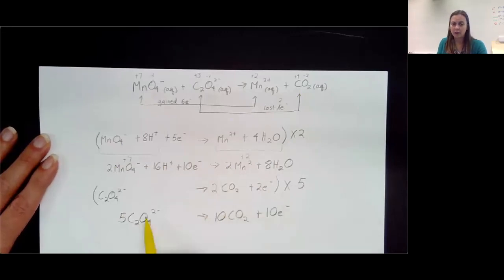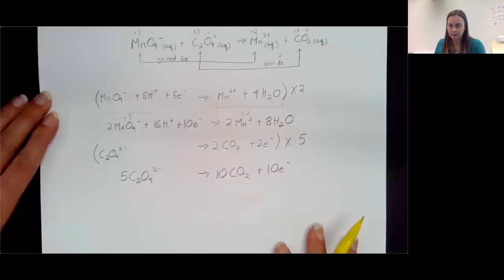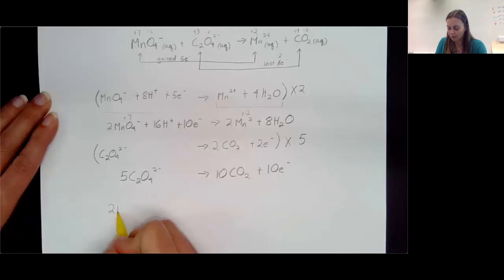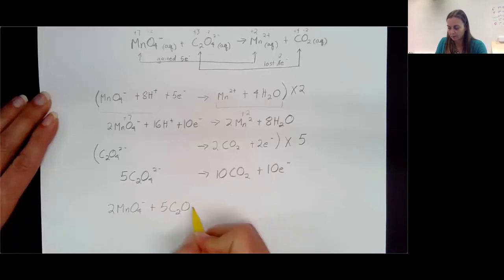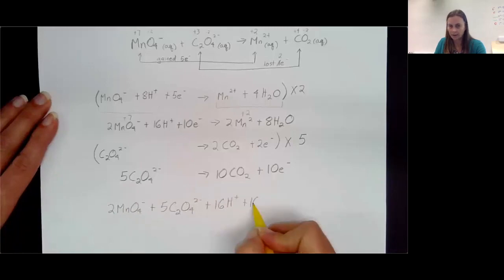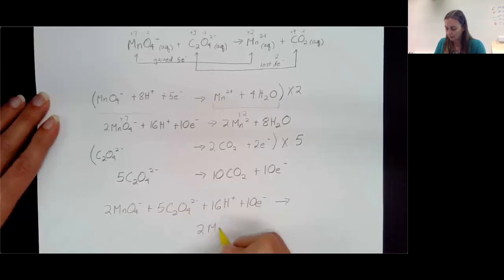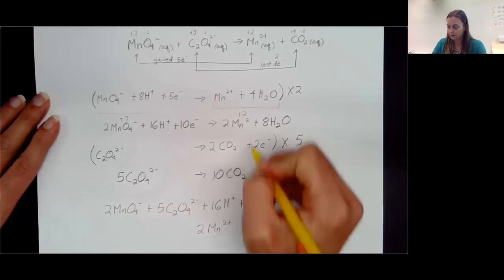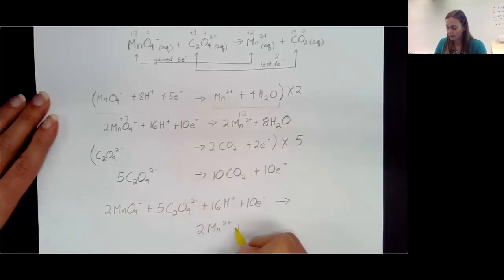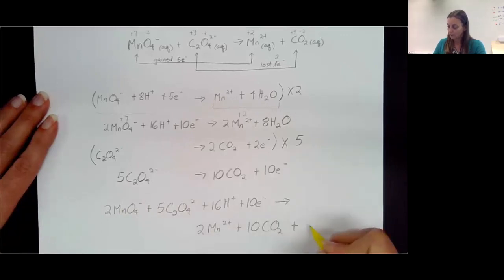So now we're going to combine these two reactions, and that's going to give us 2 permanganate ions plus 5 oxalate ions plus 16 hydrogen ions plus 10 electrons yields 2 manganese 2 ions plus 10 carbon dioxide molecules plus 8 waters plus 10 electrons.